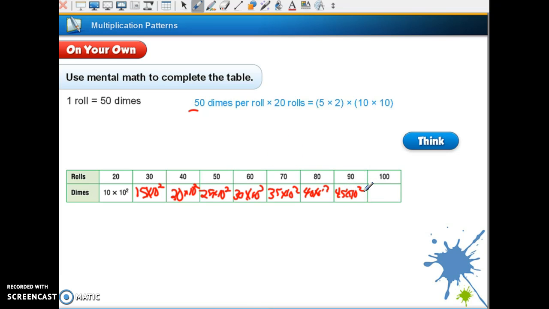And then 100. 1 times 5 is 5 times 10 to the what? Third power. Or you could say 50 times 10 to the second power.